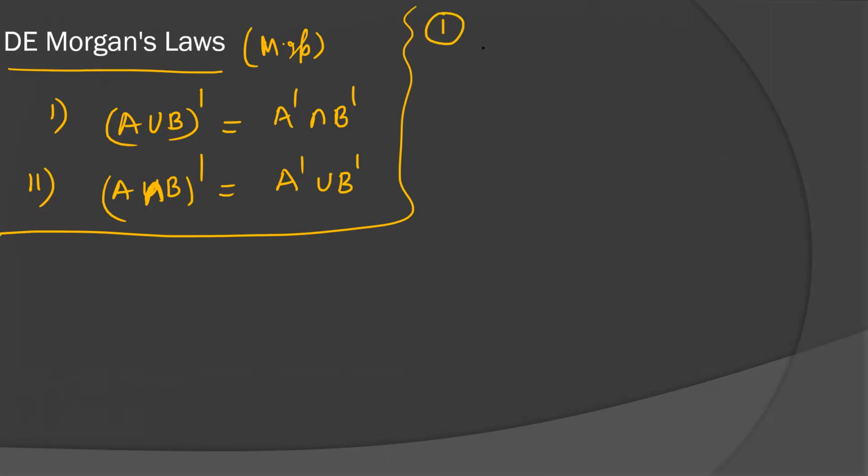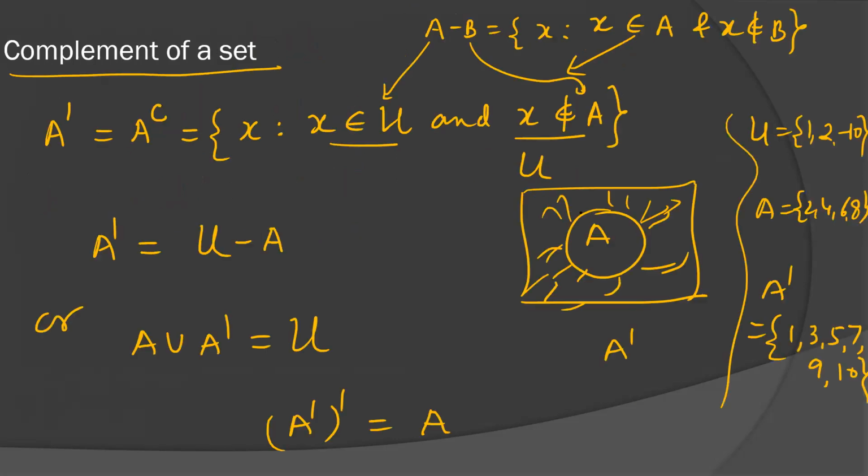I am going to prove the first one here, taking x belonging to the complement of A union B. Call A union B as C. Then x belongs to C complement. So if x belongs to C complement, it means x does not belong to C. If x is any element belonging to a complement of a set, then x does not belong to that set.